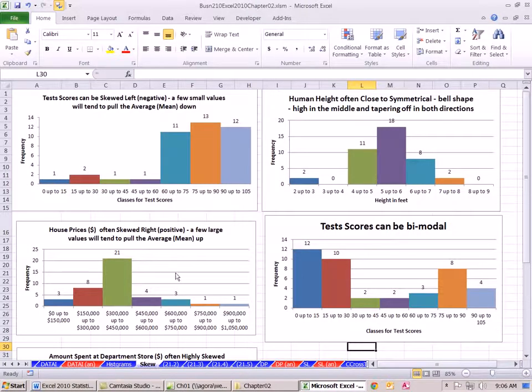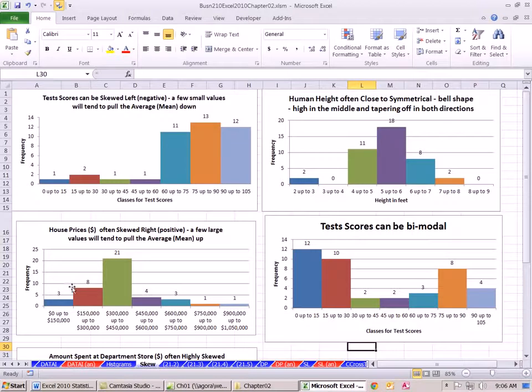Another shape for histograms is called skew to the right or positive. Now look, most of the values are right in this range right here, but boom, there's one really big value up here, right? Skew to the right, because there's a big value.